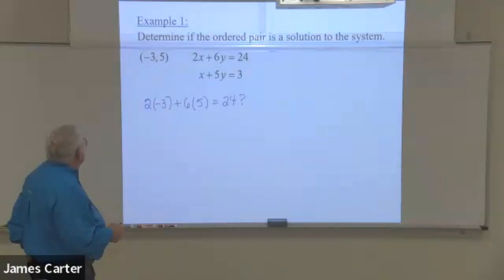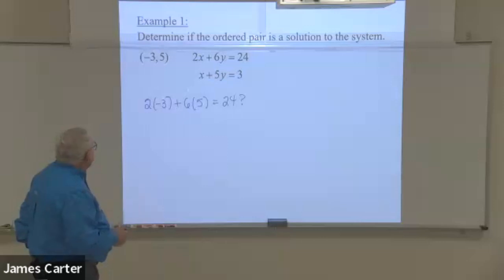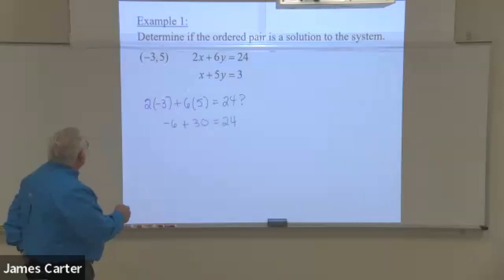So what we do in this case is we take the first equation, we substitute the x and the y value into it, and we get an answer. Then we take the same point and substitute it into the second equation. Okay. So in that particular case, it shows that we get the same value.